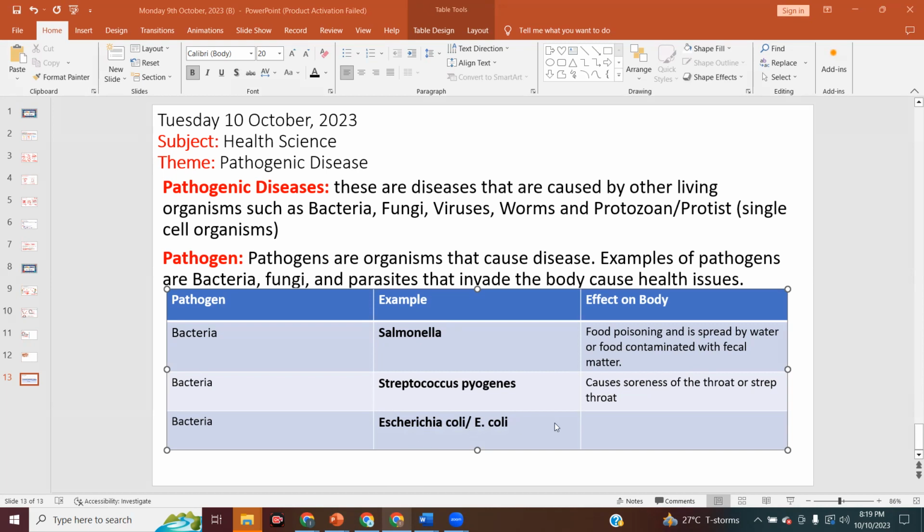All right, so E. coli can cause urinary tract infections. And when we say urinary, you know what we're talking about, right? Your urinary tract. Everyone familiar with the urinary tract? Like with the urine.